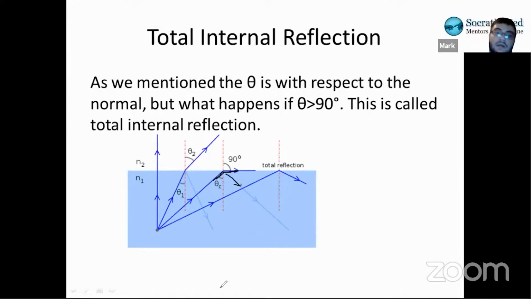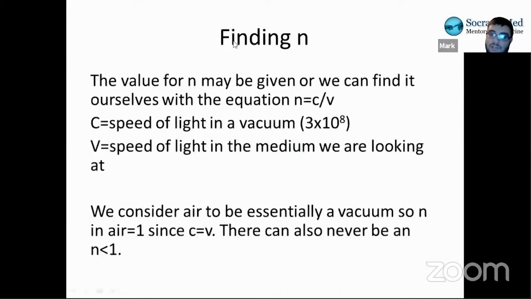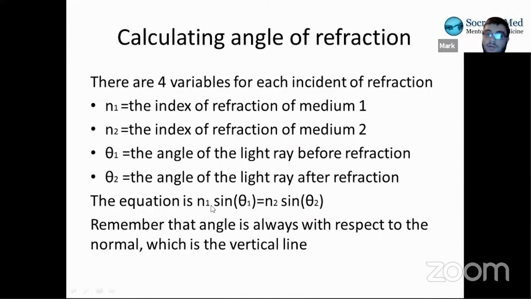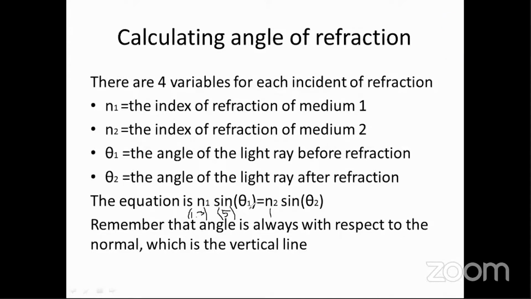So what's making the angle increase? Internal reflection, like I mentioned here. Sorry, let me go back. n1 sine θ1 is n2 sine θ2. If we're pretending n1 is water, 1.3, and n2 is air, which is 1, this sine θ1, say this is 5 or something. I'm just giving you an example so it makes sense. 1.3 times 5 is some number.